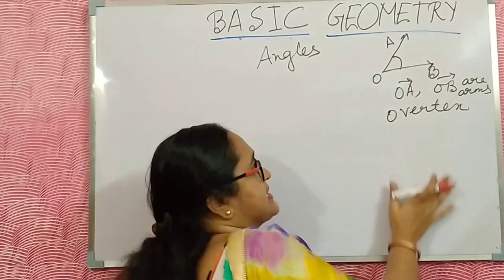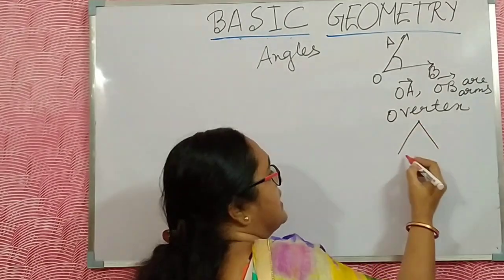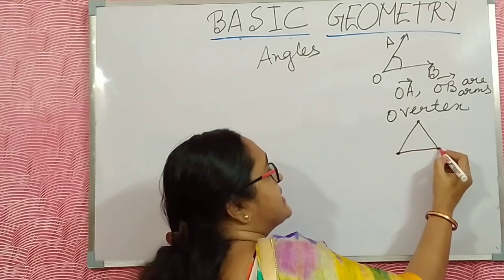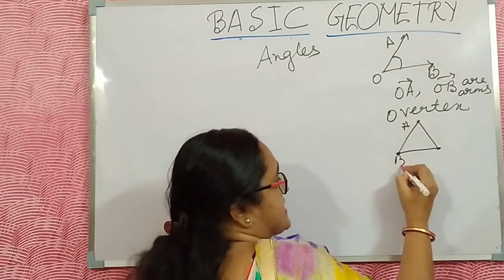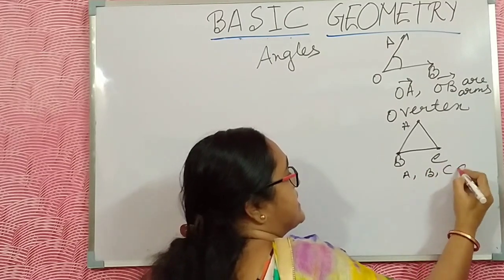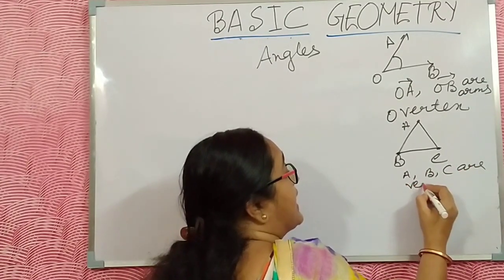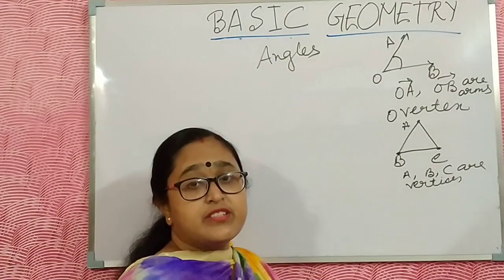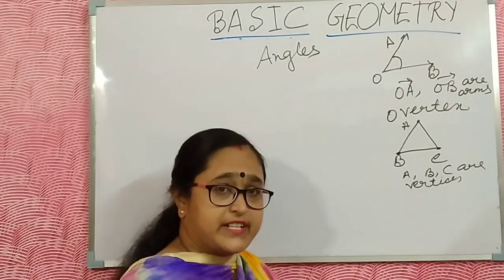Now I also discuss the triangle. Here A, B, C are the vertices. The singular is vertex and the plural is vertices.